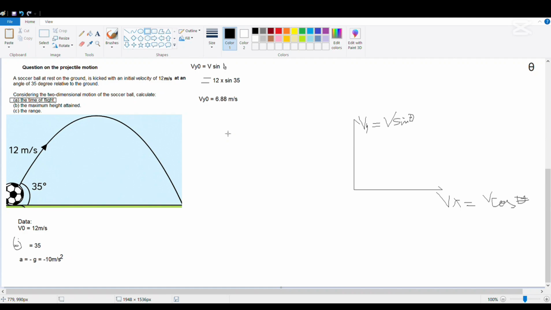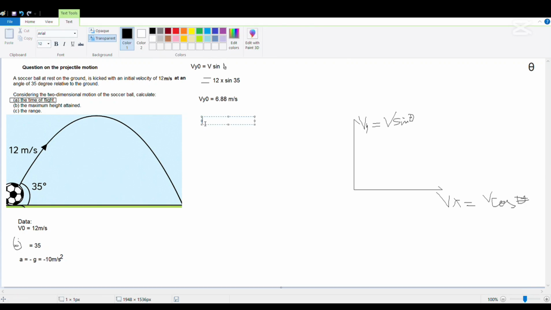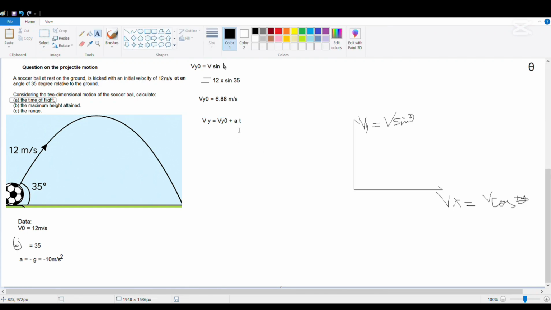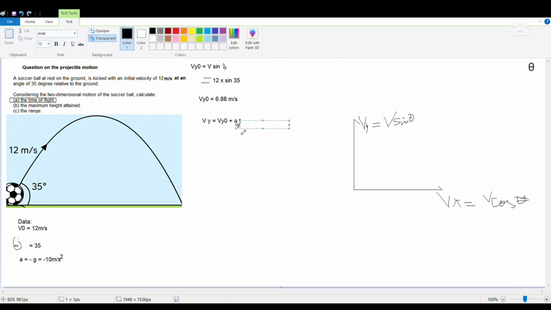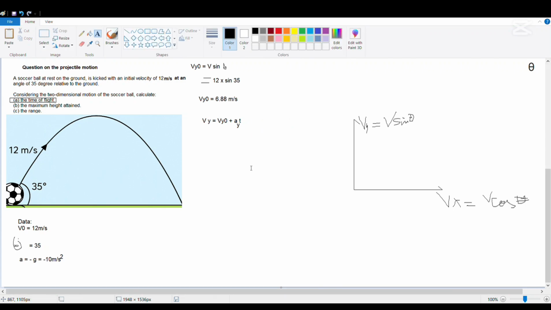If we go through all those three equations, I feel if I write here that Vy is equal to Vy naught plus a, and it should be in the y-axis, a t, I will write y down here, that's the equation we have to write.